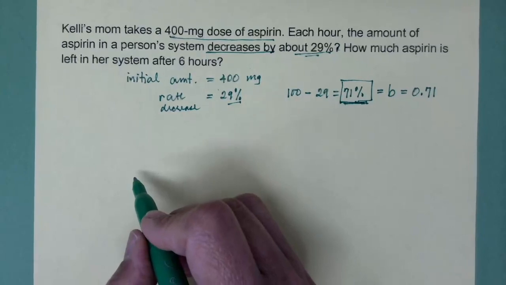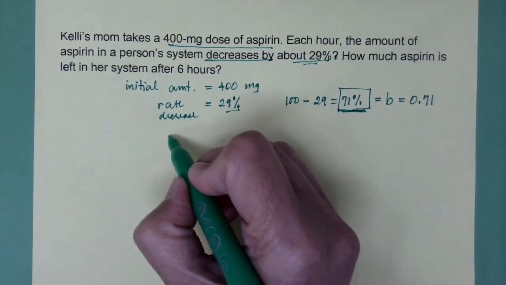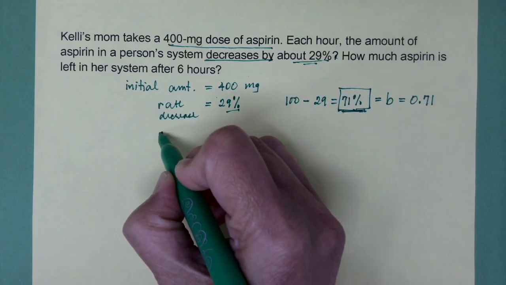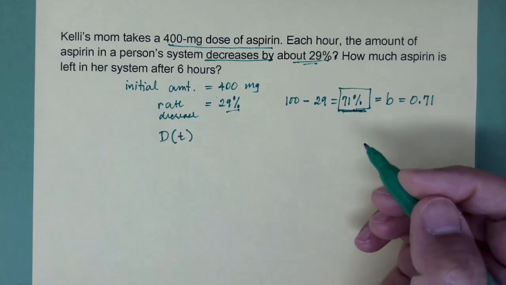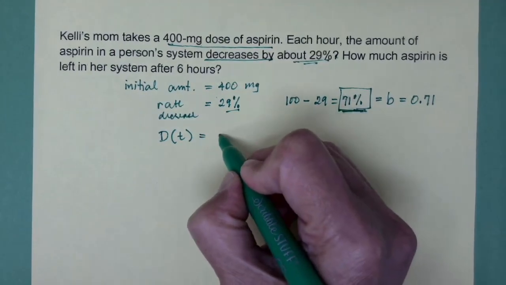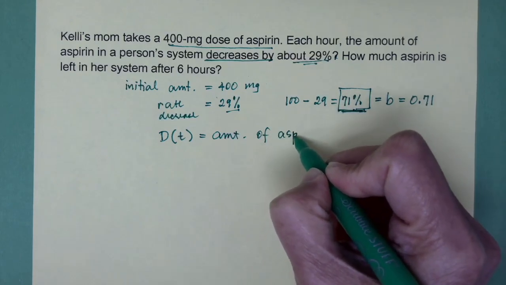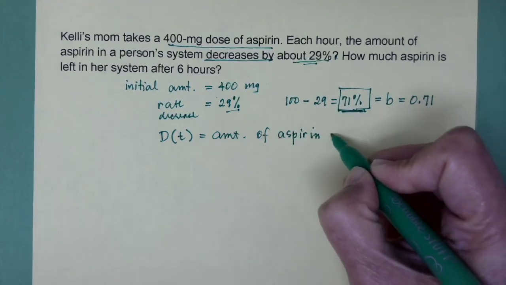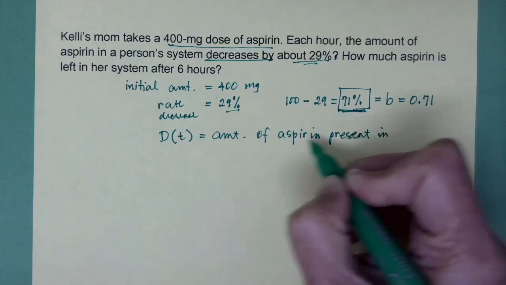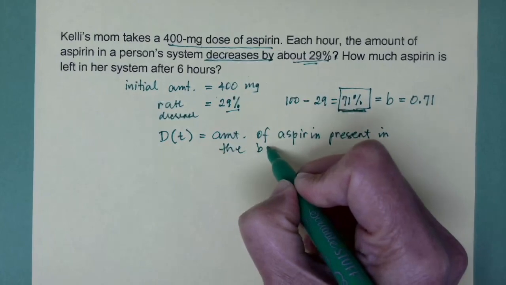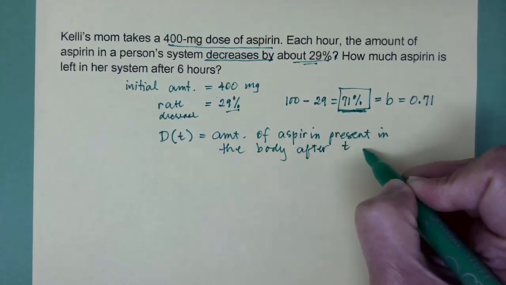All right, so what is our equation? We will say D of t, that is the dose, or the amount of aspirin present in the body after t hours.